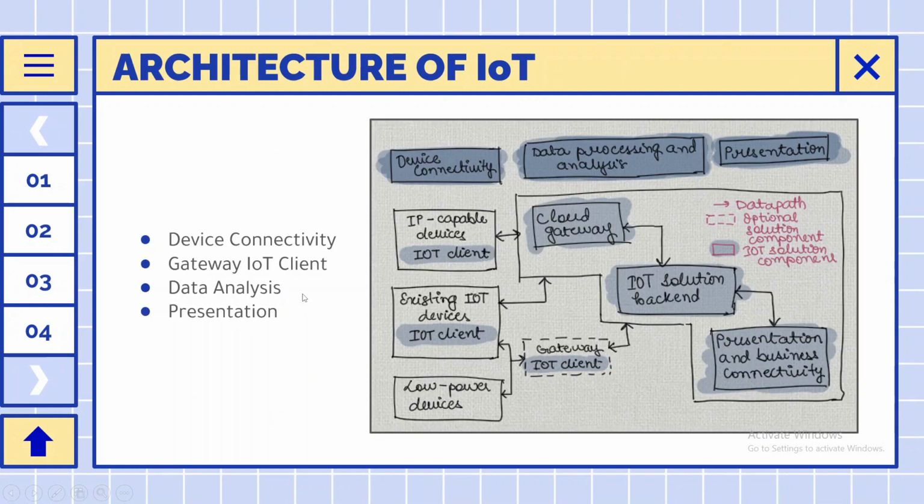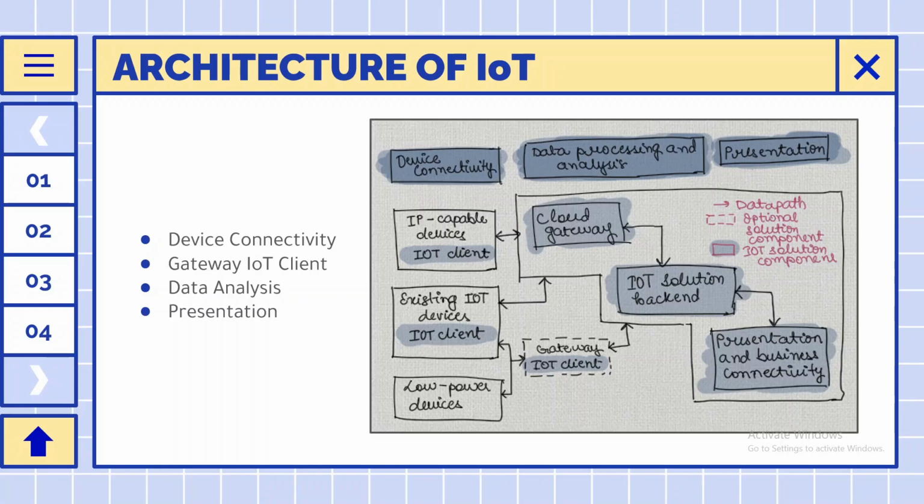Moving on to the architecture of IoT, there are basically four components, which is device connectivity, gateway of IoT client, data analysis, and the presentation. So device connectivity is the number of devices that are connected together.